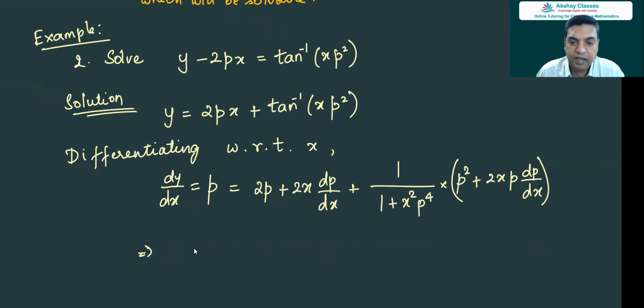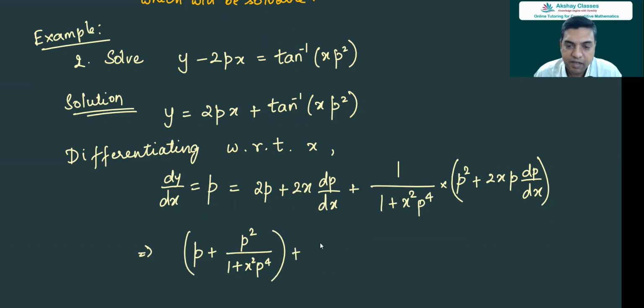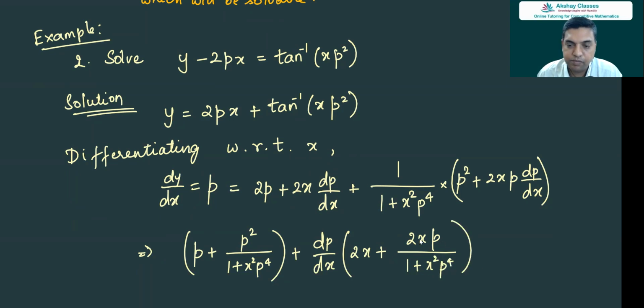So we get p plus p square upon 1 plus x square p power 4 term separate, plus, I bring this p this side, then dp by dx times 2x plus 2xp by 1 plus x square p power 4.